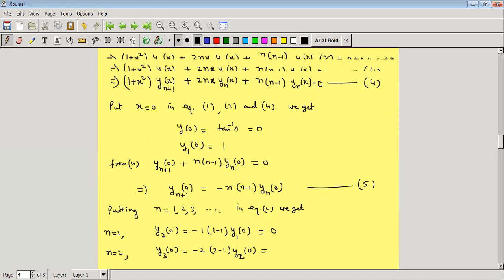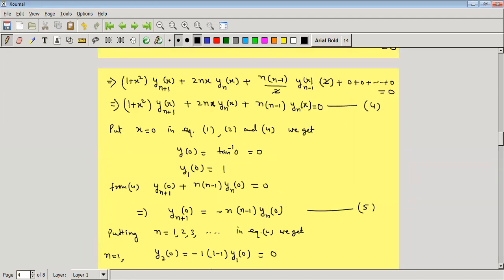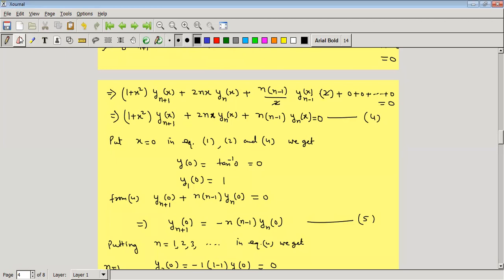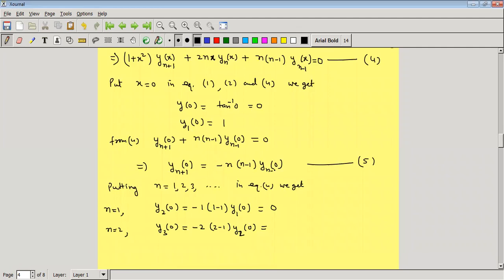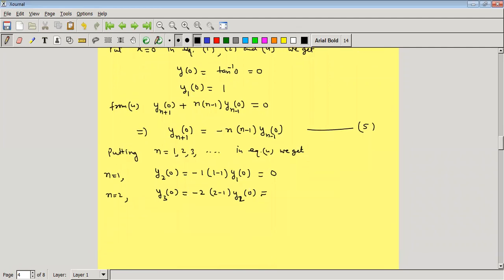Oh yes, there is some mistake. This is not y(n), this is y(n minus 1). So this is y(n minus 1), and here also this is n minus 1. So when we put n equal to 1 here, this is y0, the zeroth derivative, so I can write this is y0, because 1 minus 1 is 0, so the whole term becomes 0.